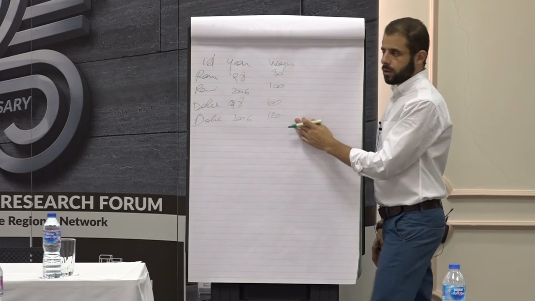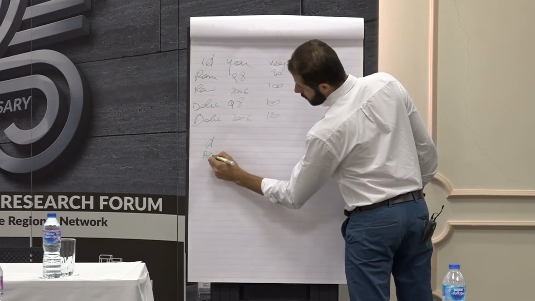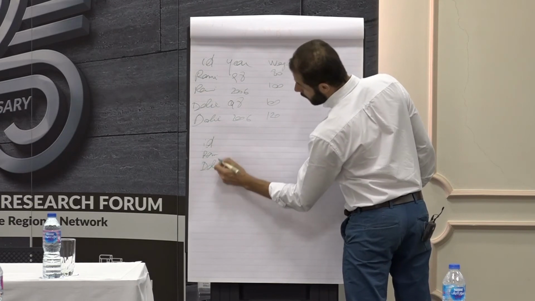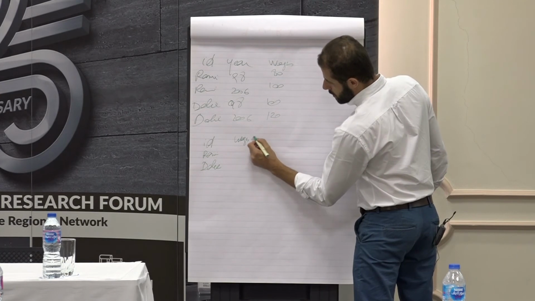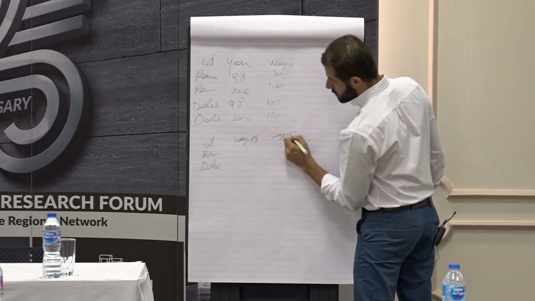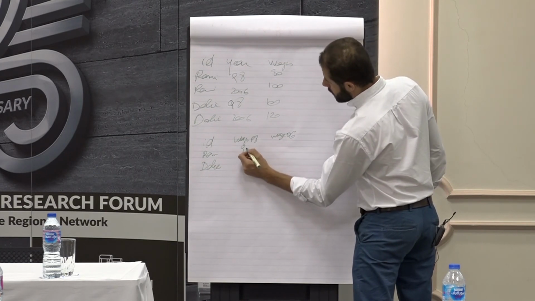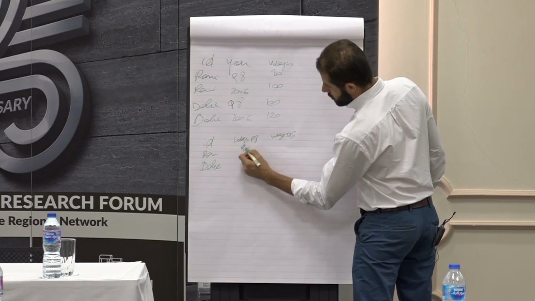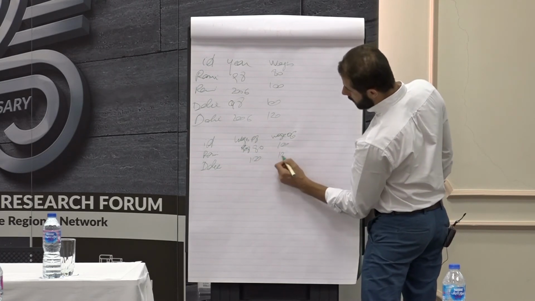Long. Because the wide version of this will be ID, Rami and Dalia. They will not be repeated over time. We're going to have wage 98 and wage 2006. So here it will be 80 and 100, and here it will be 100 and 120.